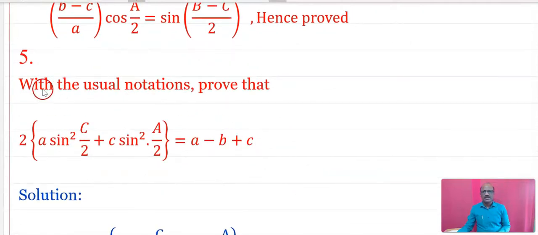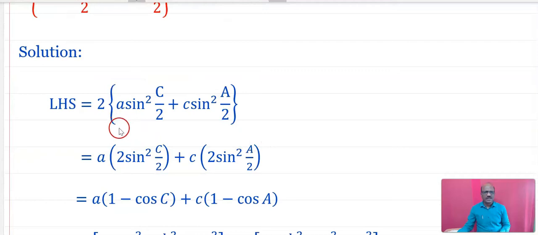Next, with the usual notations, prove that 2 times (a sine square c by 2 plus c sine square a by 2) is equal to a minus b plus c. Now consider the LHS. That is 2 in bracket, a sine square c by 2 plus c sine square a by 2. Now here we have a multiplied by 2 sine square c by 2, next c multiplied by 2 sine square a by 2.